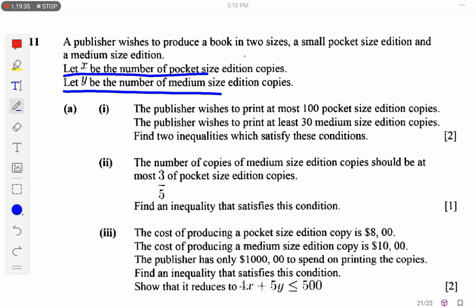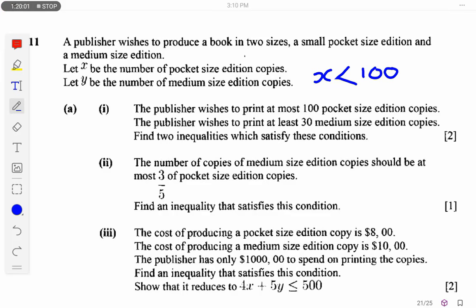So the first one is saying the publisher wishes to print at most 100 pocket size copies. Okay, so at most, that will be the greatest for the pocket size. So it's going to be x is less than or equal to 100.